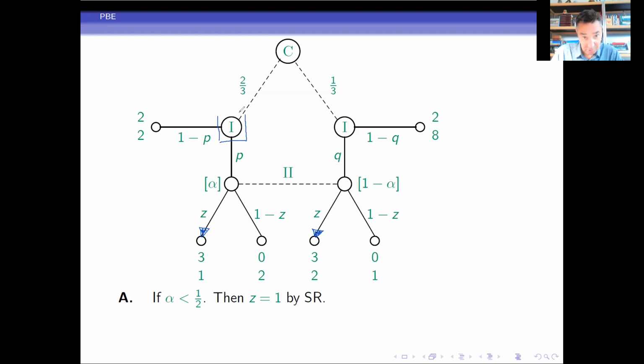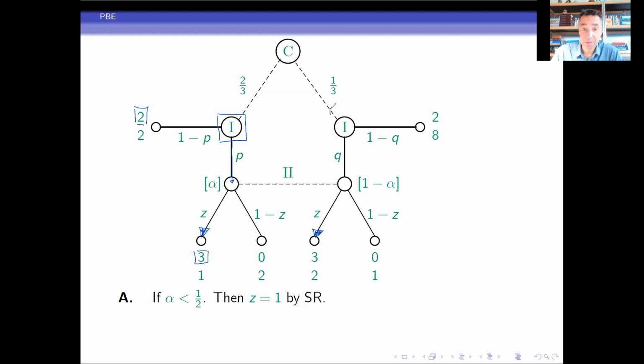For example, here on the left-hand side, if player 1 is here, given now the strategy of player 2, what can player 1 do? Well, he can move to the left and get 2 over here, or he can move downwards over there, and then he will get 3. So his best response is to choose P is equal to 1.